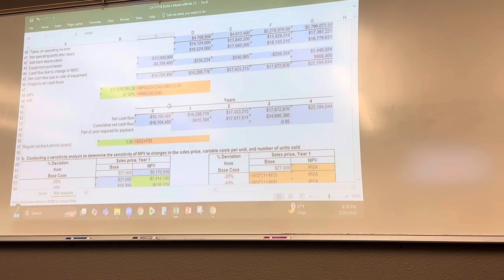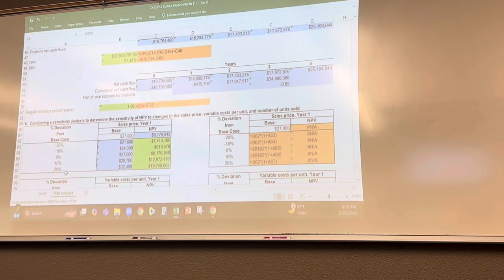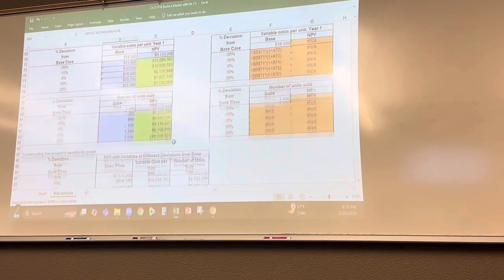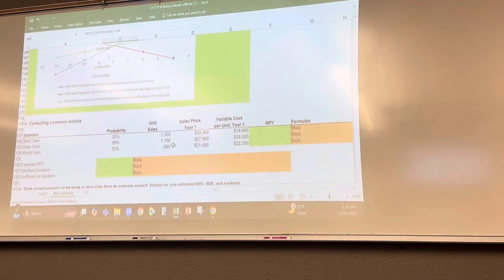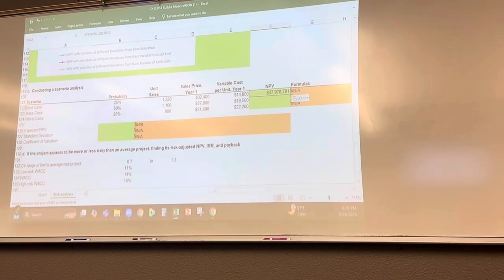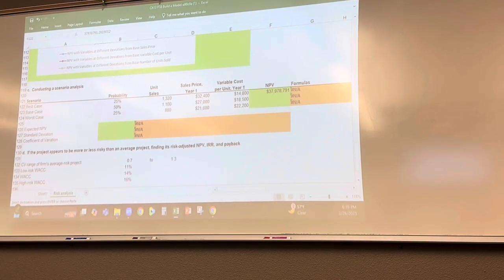I end up with an NPV of 37.978, right? Does that make sense? So I just took those three variables and put them in, and my NPV was calculated.